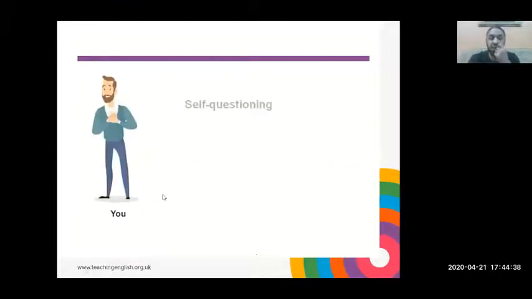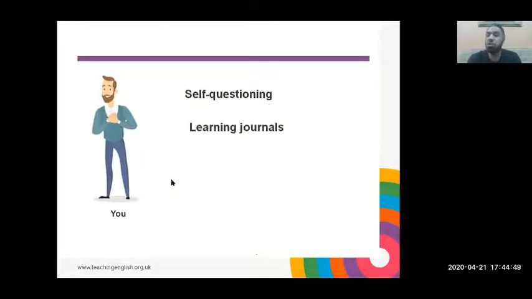So, about you, how can I make a reflection on my own? Through self-questioning, asking myself some questions about my work inside the class; through learning journals, writing journals, like a diary, okay? In the journals you have to write what practices you have done inside the class to reflect on them again.